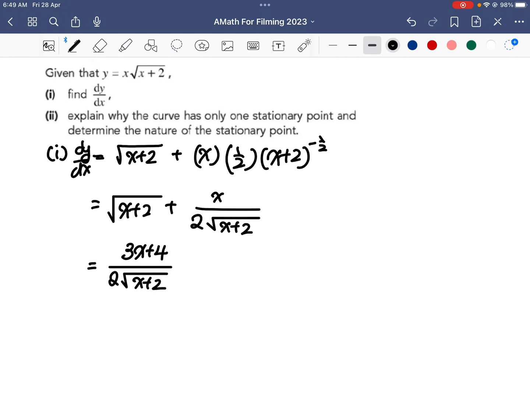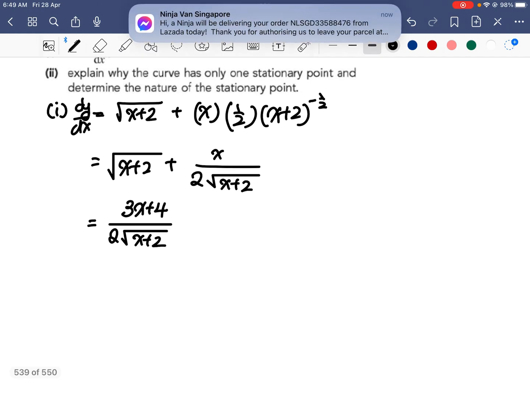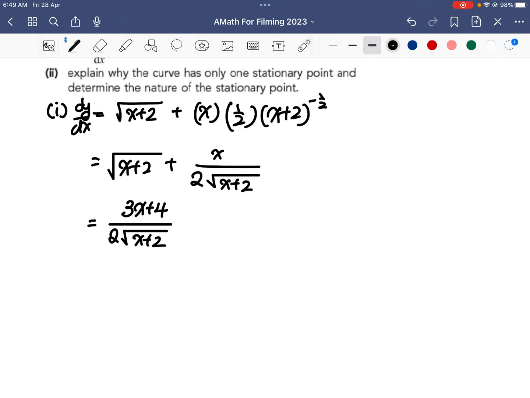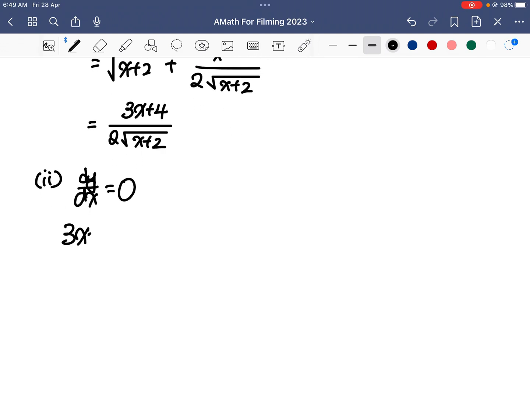Now, part 2: explain why the curve has only one stationary point and determine the nature of the stationary point. First and foremost, in order to determine the stationary point, if you recall, for a stationary point dy/dx is equal to 0. If I solve very quickly, my x value is negative 1 and 1/3.